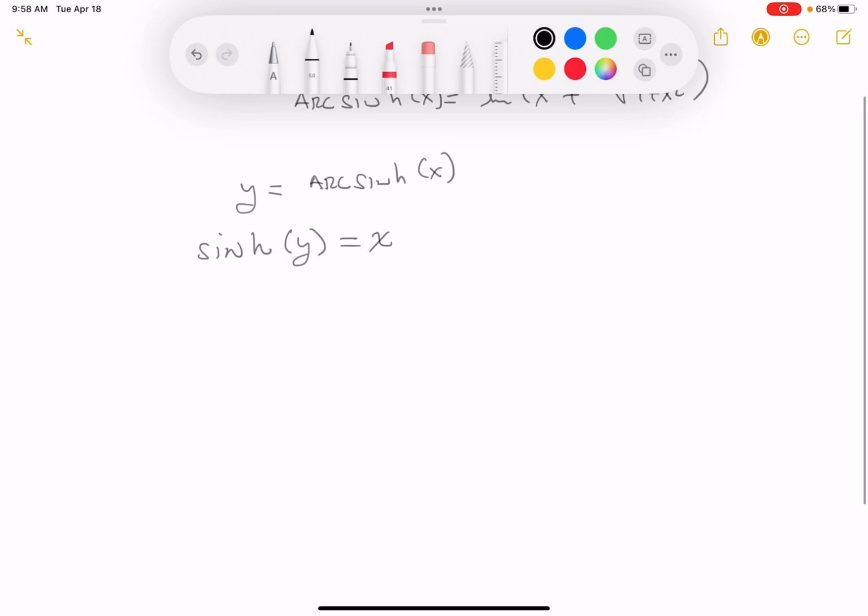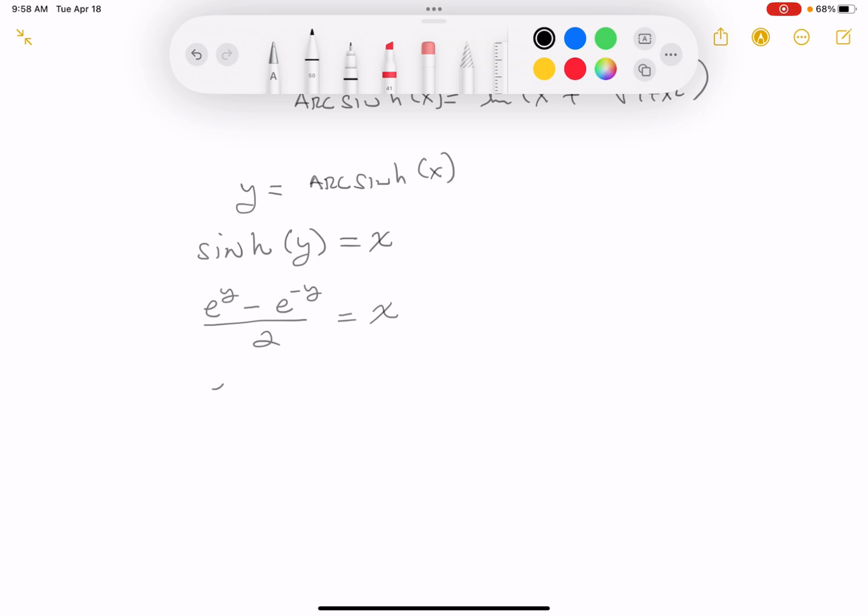It reminds me of a pre-calculus course where you're trying to find an inverse. The hyperbolic sine of y is e to the y minus e to the minus y over 2, equal to x, and I've got to solve for y now. This looks like a problem for me.